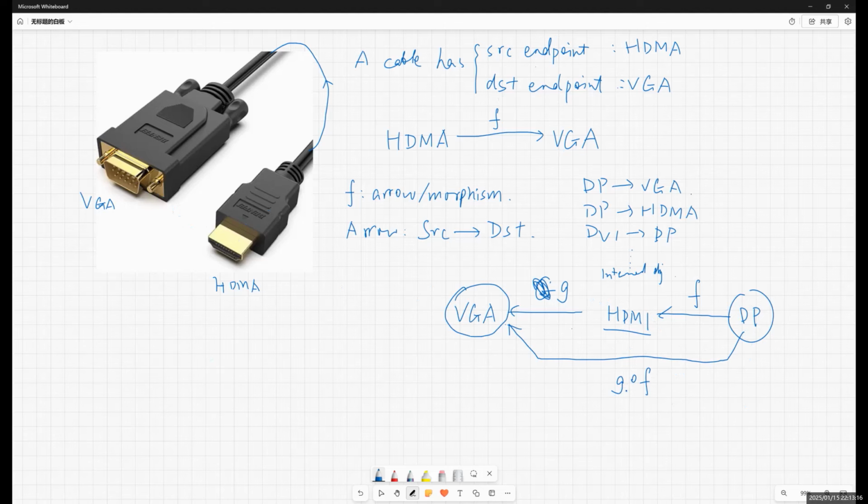When we study G circle F from an exterior perspective, we don't mind whether there's an HDMI or not. So the effect of G circle F is like a real cable from DP to VGA. They are the same, right? Although it's composited.